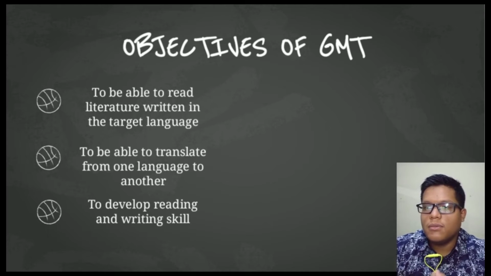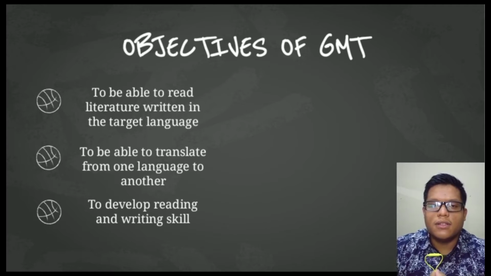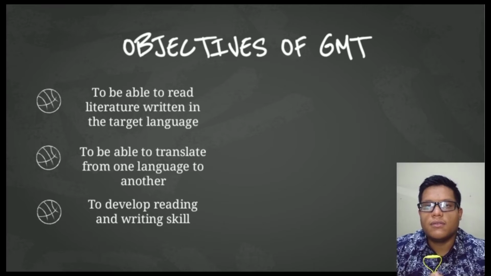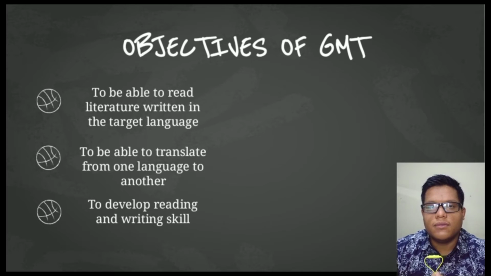Number two is to be able to translate from one language to another. Commonly when we learn a new language, we hope we can translate our first language to our target language. For example, we want to learn about Spanish.